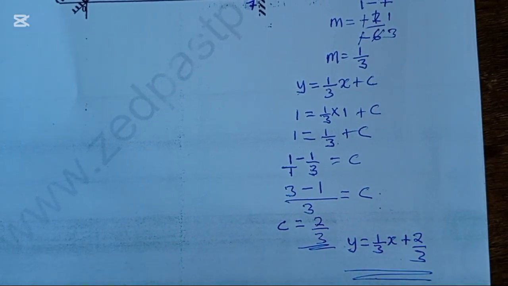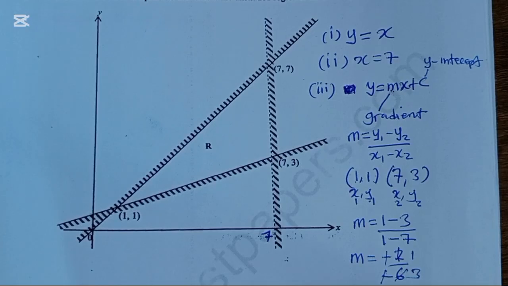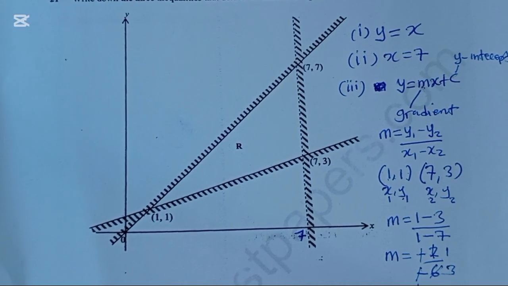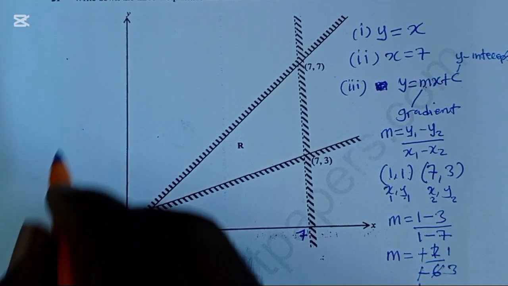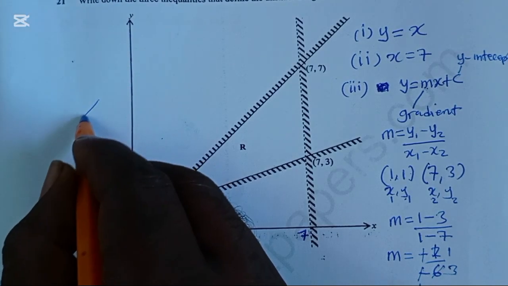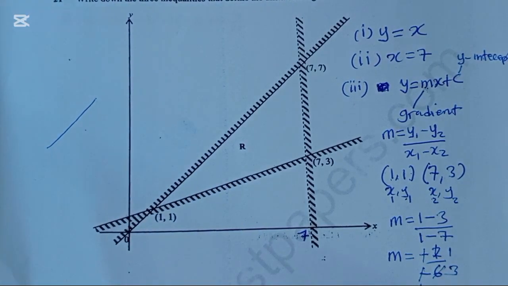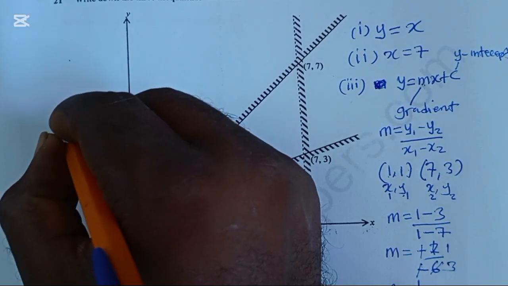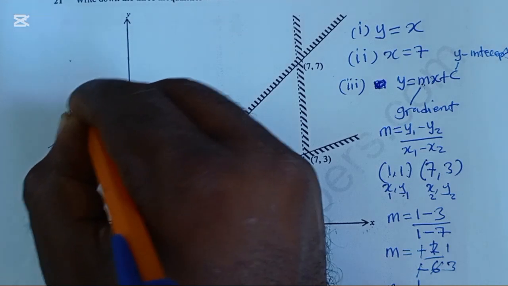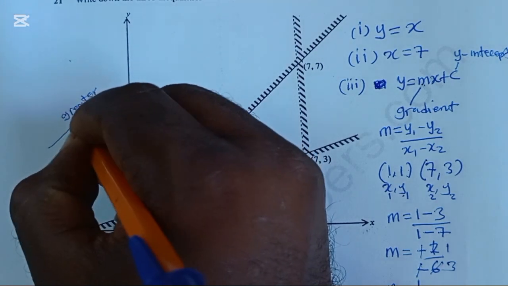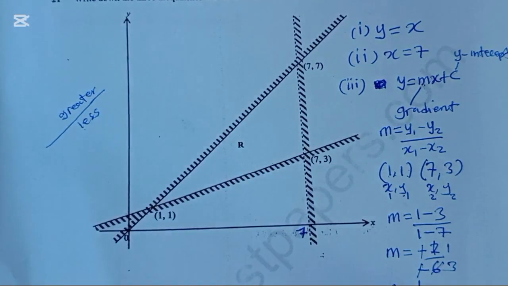So this is the third equation. So from here, let us now write the inequalities. You need to understand that for every straight line which passes like this, this side it is greater, this side it is less.